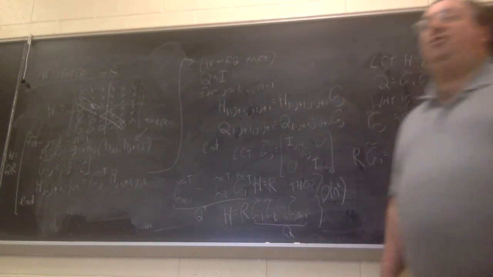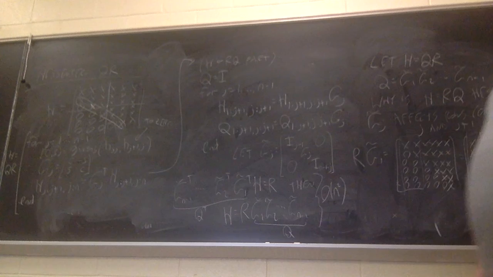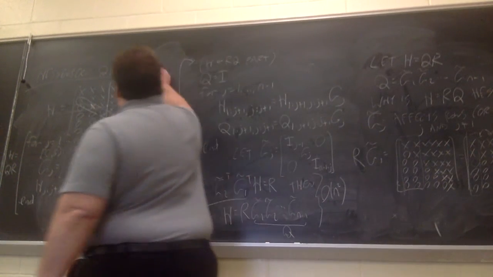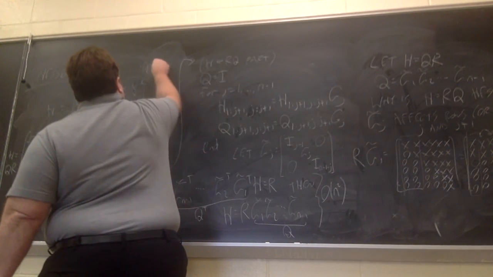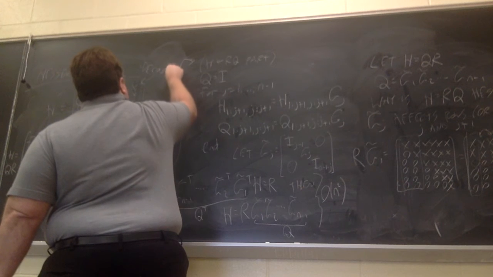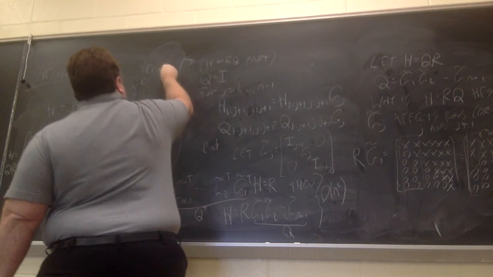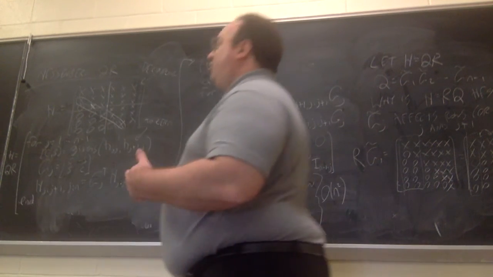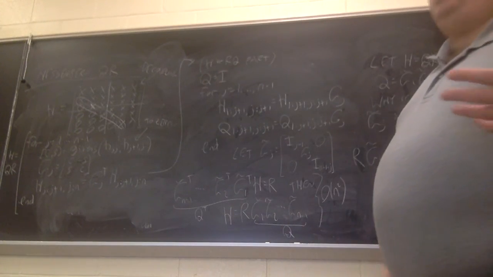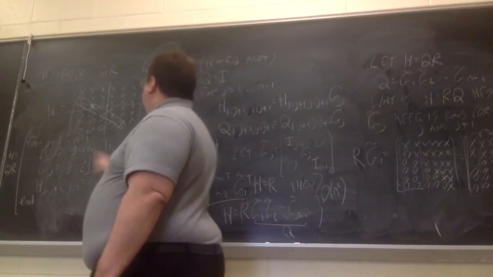So as soon as a subdiagonal entry becomes 0, we have what's called decoupling. The eigenvalue problem is now blocked upper triangular. So the eigenvalue problem is decomposed into two smaller problems.